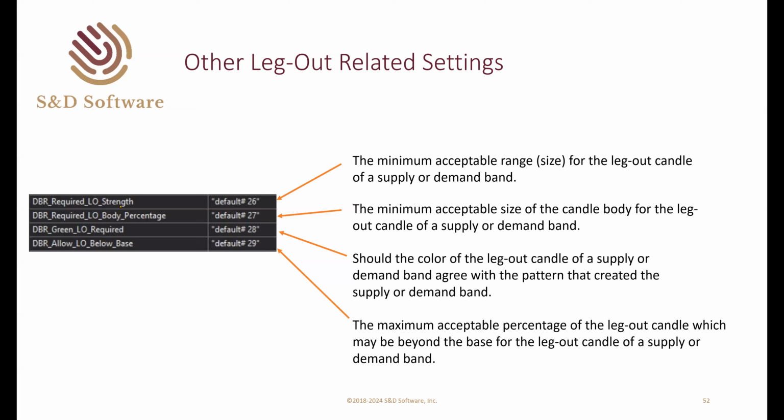This is going to be a percentage, and you're specifying how much of that leg out candle must be in the body, not the wicks. We'll see some examples later where that comes into play.